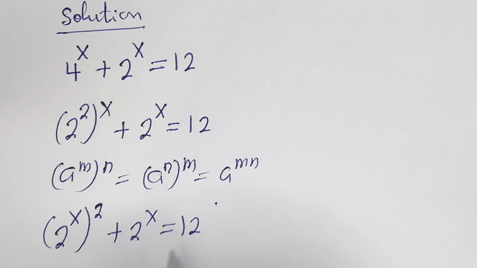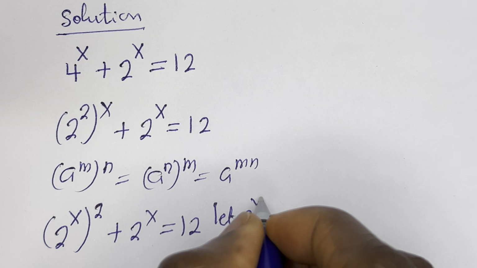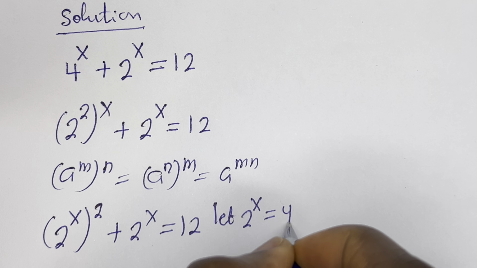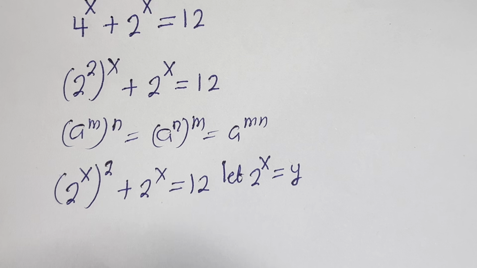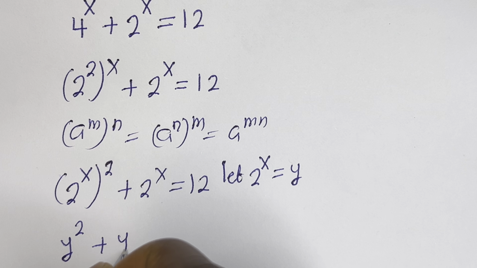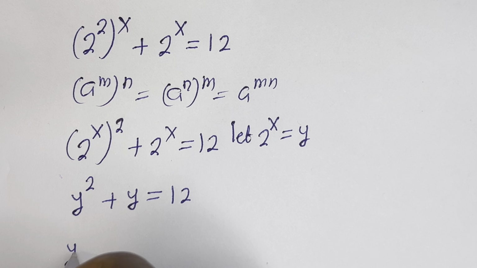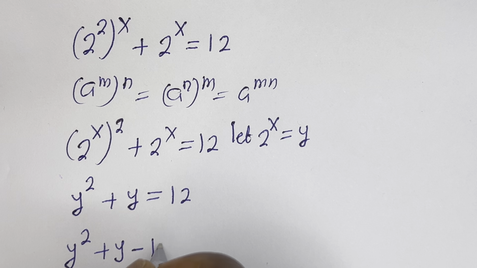Now let 2 to the power of s be equal to y. Here we have y squared plus y is equal to 12. This is y squared plus y minus 12 is equal to 0.